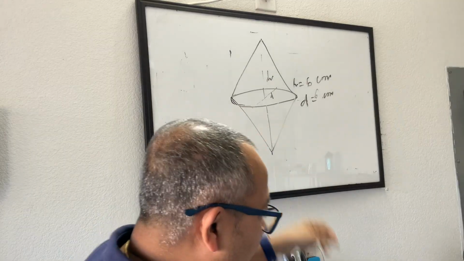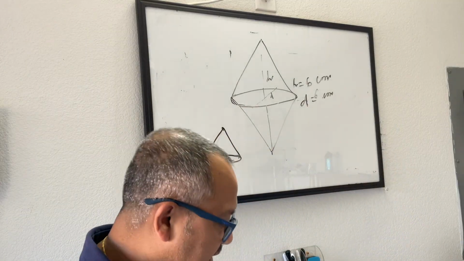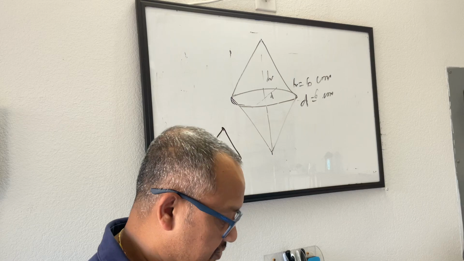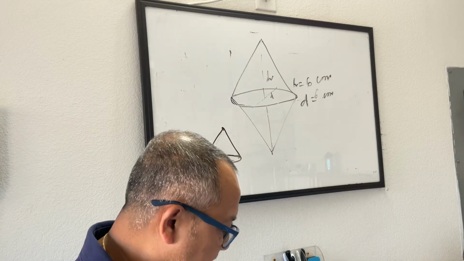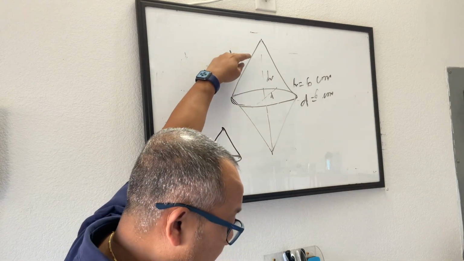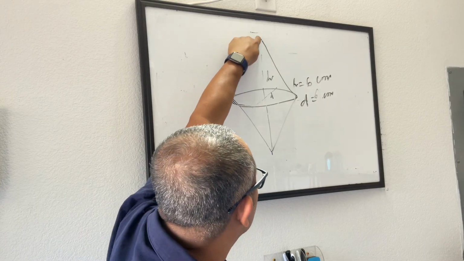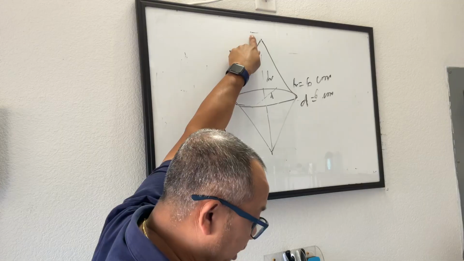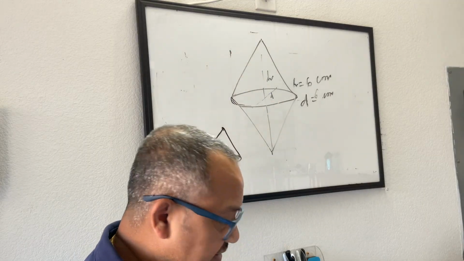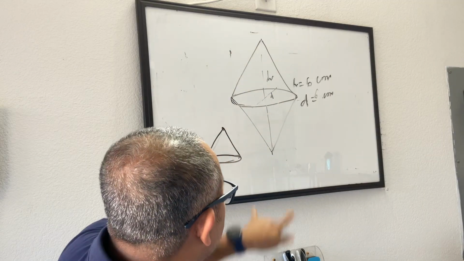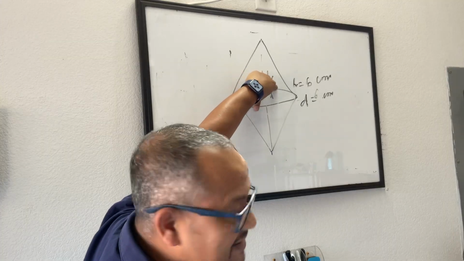This top is formed by fusing two identical right circular cones by their base. The height of the top, which is the distance between the two cone points, is h, equal to 6 centimeters, and the diameter of the base is also 6 centimeters.